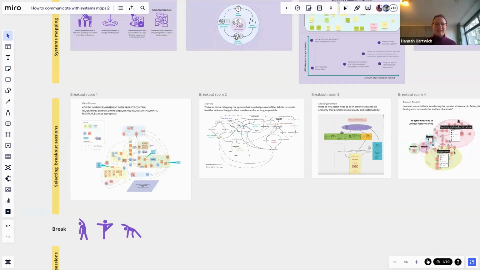There needs to be a certain level of urgency of need to change something within the system. Systems mapping is a more challenging and more time-consuming method.